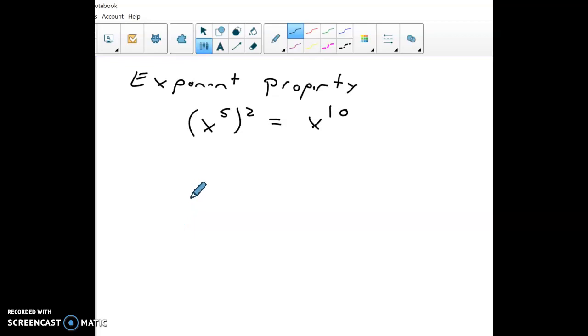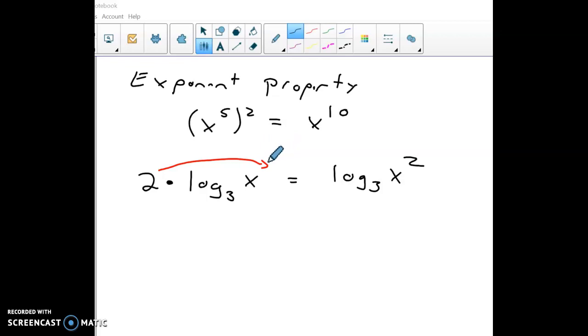What that looks like in logs is a situation where you have a number in front of the log, like this, and then we have log base 3 of x. The rule is you can take this number and move it up and make it an exponent, so that what I have written here is equivalent to log base 3 of x squared.